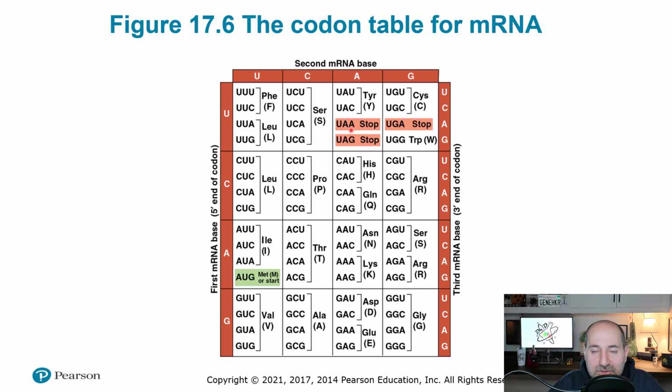It's going to make what's called a truncated protein, or a shortened protein. And usually this is a non-functional protein. So this is really bad, right? Because you're introducing a premature stop codon into the protein. And so you're going to end up with a protein that's way smaller than it needs to be. And if that's the case, it's probably not going to function correctly.